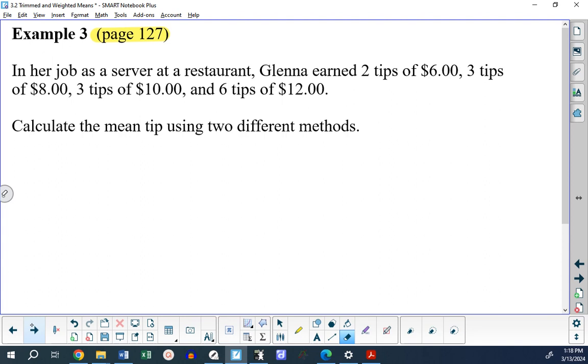And because this is money, we want to round the answer to the nearest hundredth.